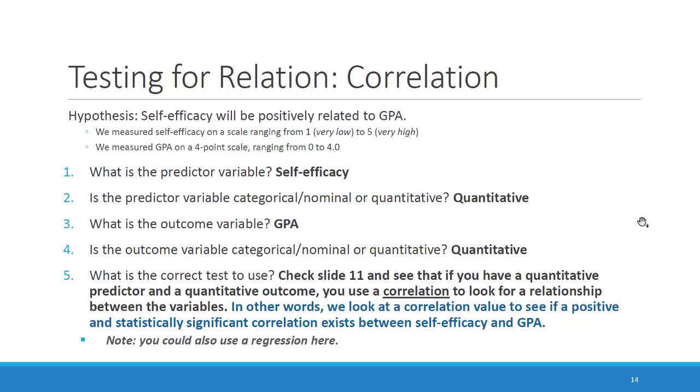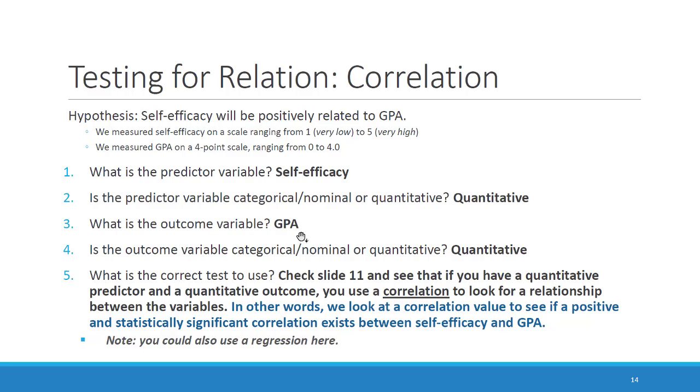Our predictor variable in this case is self-efficacy, right? Is our predictor variable categorical, nominal, or quantitative? Well, it's quantitative, and how do I know that? Because it's measured on a scale from 1 to 5, where 5 is very high and more self-efficacy than a 1, which is very low. So we have a quantitative variable.